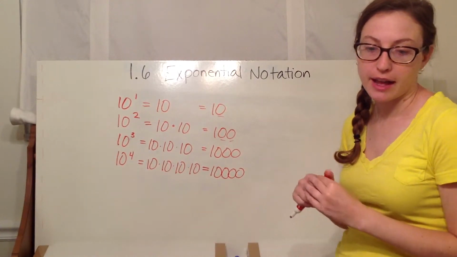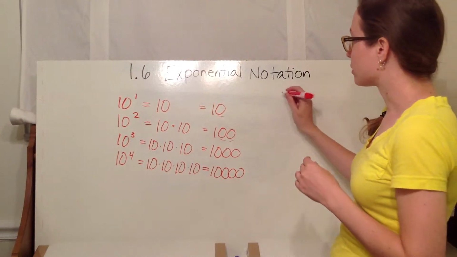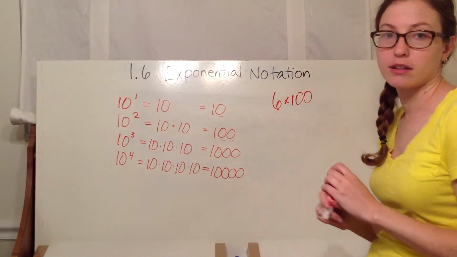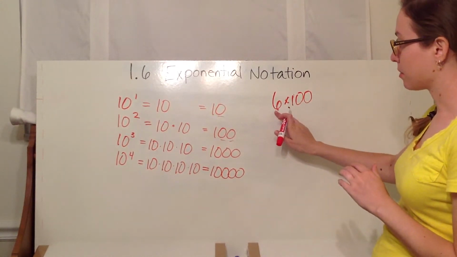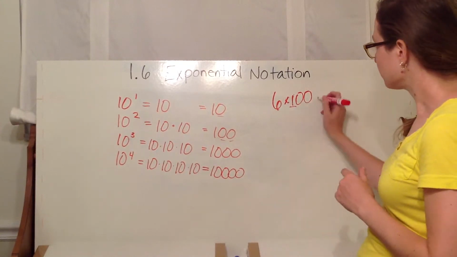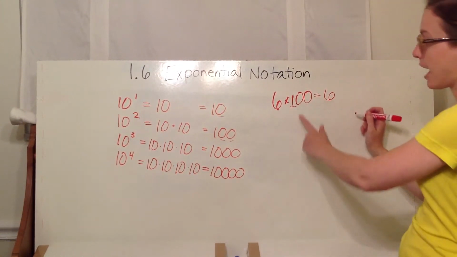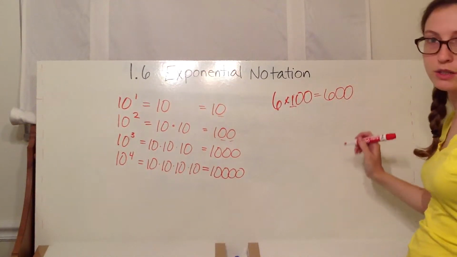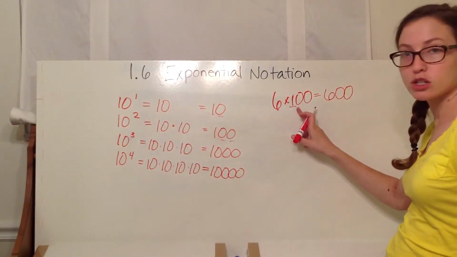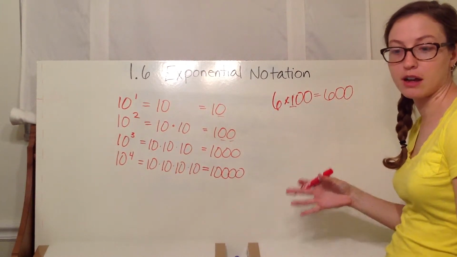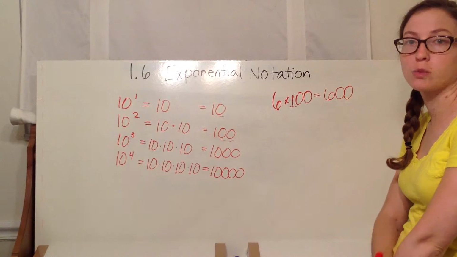So the example that I have here is if we're going to do 6 times 100, what I do is this number, 6, times this number, 1. And then I had 2 zeros, so I'm going to have 2 zeros again. This is pretty intuitive that 6 times 100 is going to be 600.